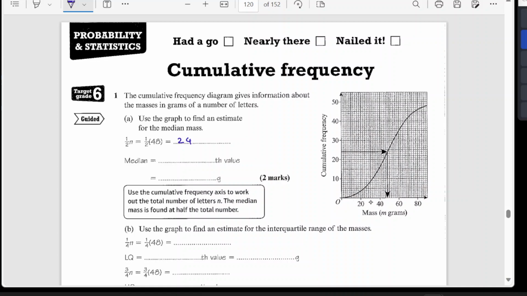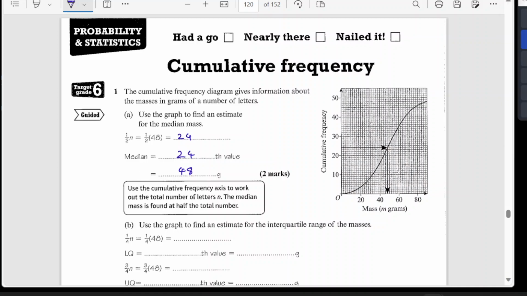These are going up in twos, so that is looking like 48 to me. So we wanted the 24th value, I missed off that line.